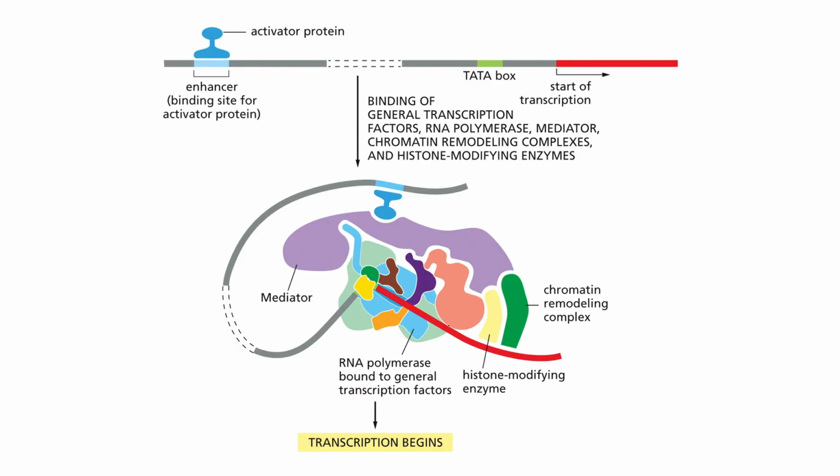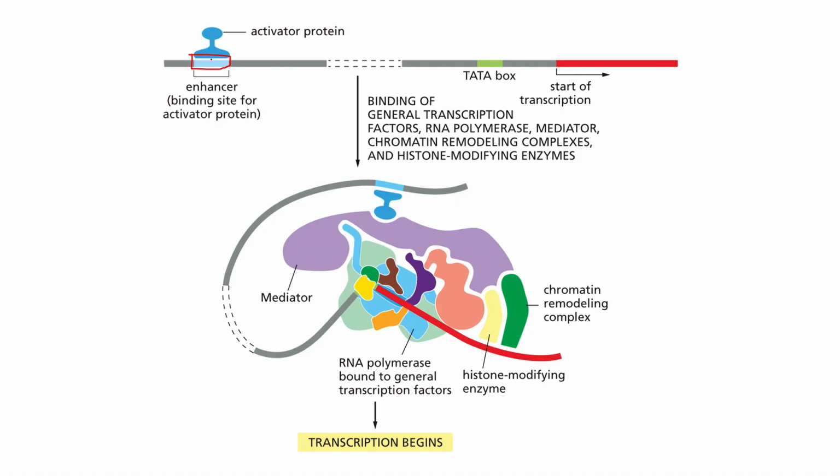Now, this is what we call an activator protein. We activate the whole complex so that it stays on. So an activator protein will bind to an enhancer region, which is well in front of the TATA box, okay? Well in front of, just say the TATA box for now.